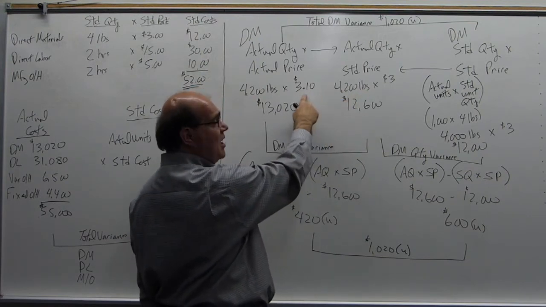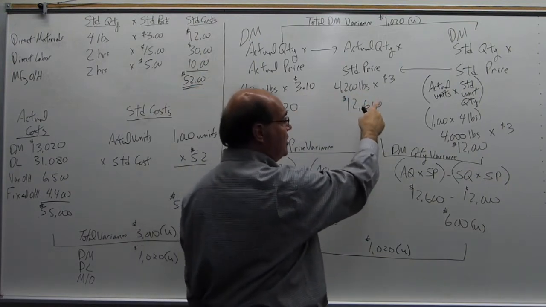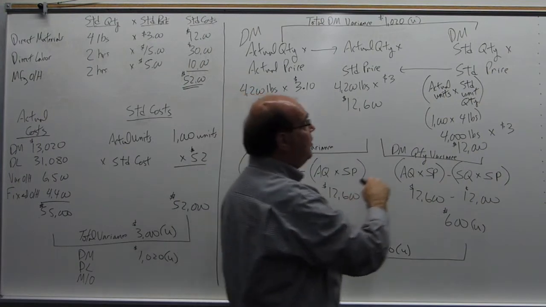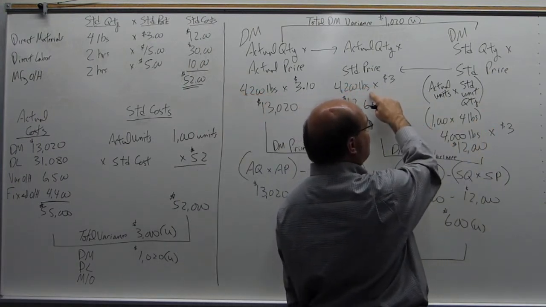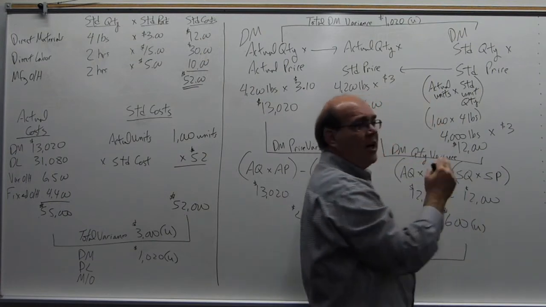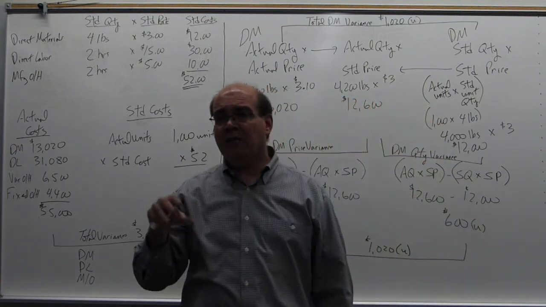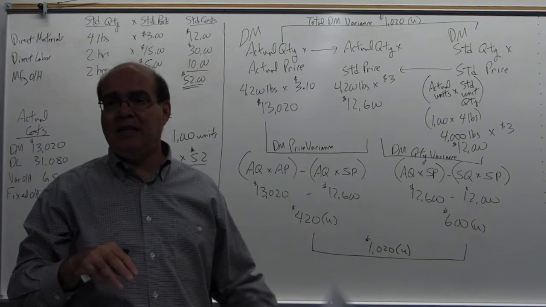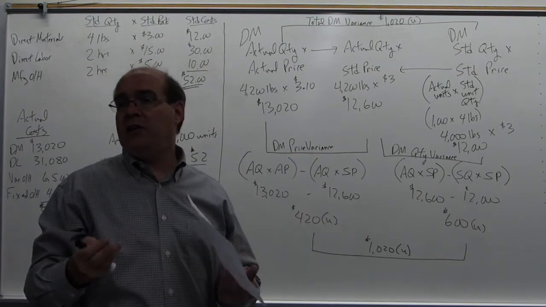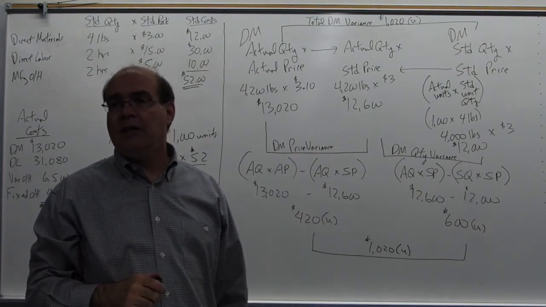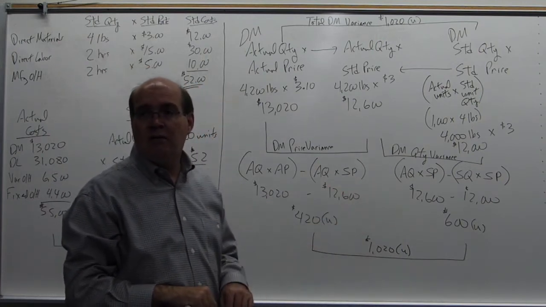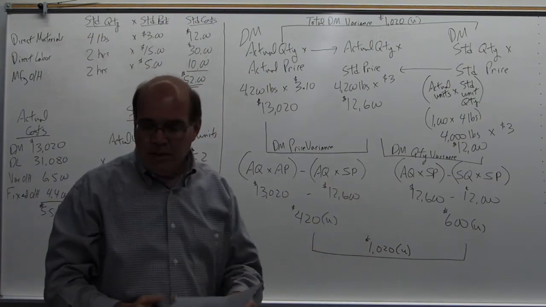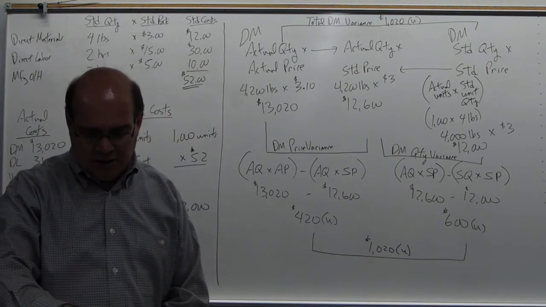If the actual price is higher, unfavorable. If the standard price is higher, favorable. Go over here in the quantity. How much did I use? Did I use more, actual usage higher than standard usage, unfavorable? So just go back to whatever the item is the variance is about and see, was the actual higher or lower? And that's going to tell you if it's favorable or unfavorable. That's all you need to know. Don't get hung up on the math part. The math is where they get stuck. Okay? So that's the direct material variance.